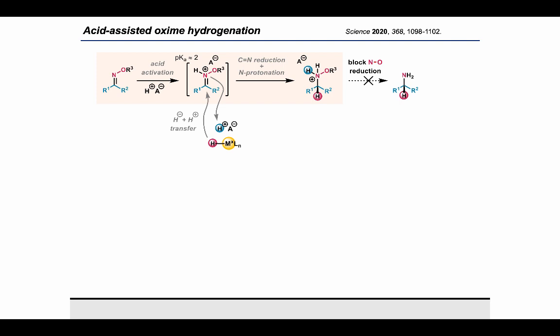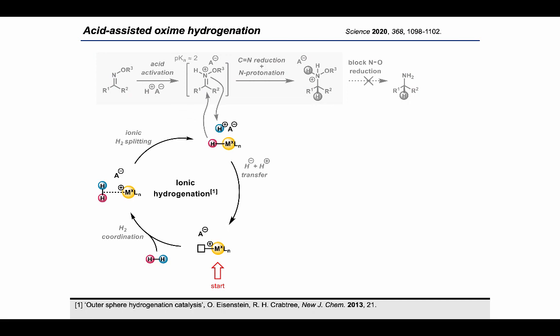Note that the pKa of these substrates is approximately 2 units, therefore a strong acid is required. After reduction, protonation of the resulting basic amine product with a second molecule of acid may prevent catalyst poisoning, as well as undesired N-O bond cleavage.